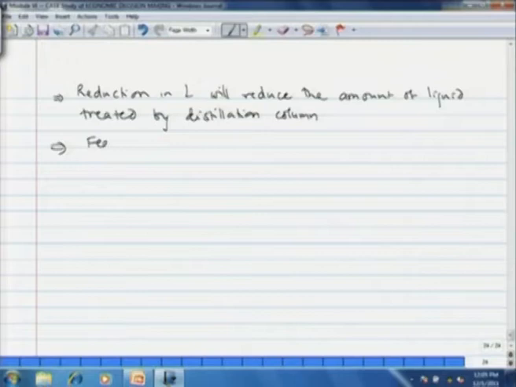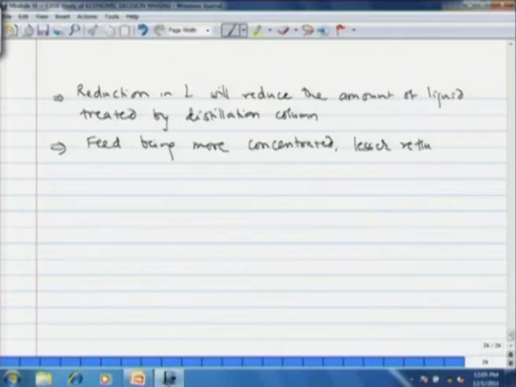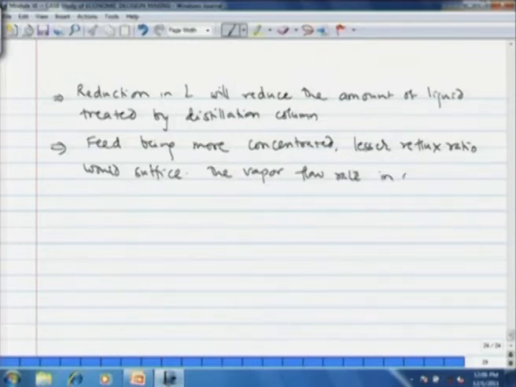Feed being more concentrated, lesser reflux ratio would suffice. The vapor flow rate in the column will also reduce, and thus the diameter of the column will also go down.